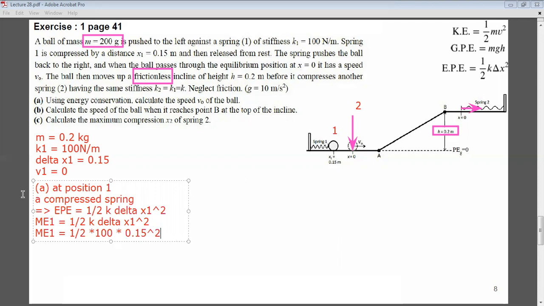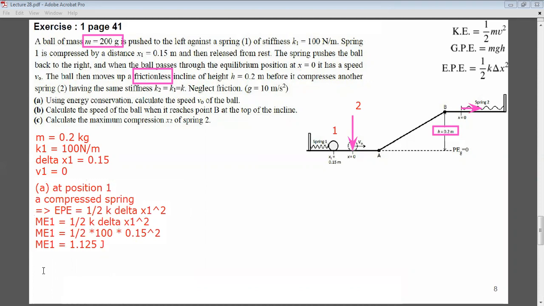The answer to this, half times 100 times 0.15 square, is mechanical energy 1 equal to 1.125 joules. So this is mechanical energy 1.